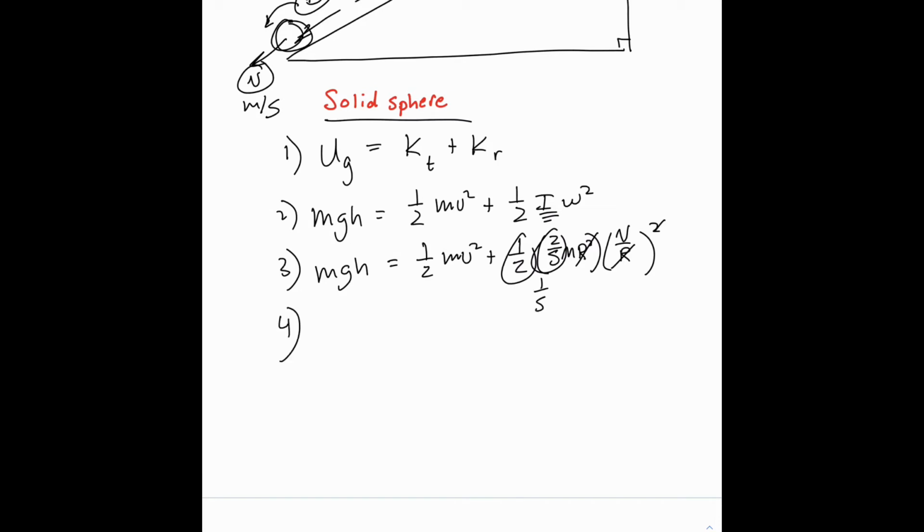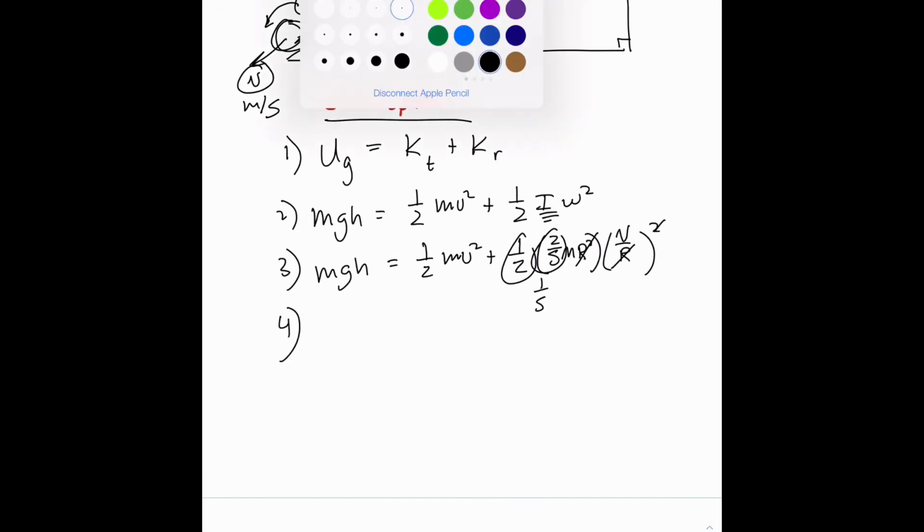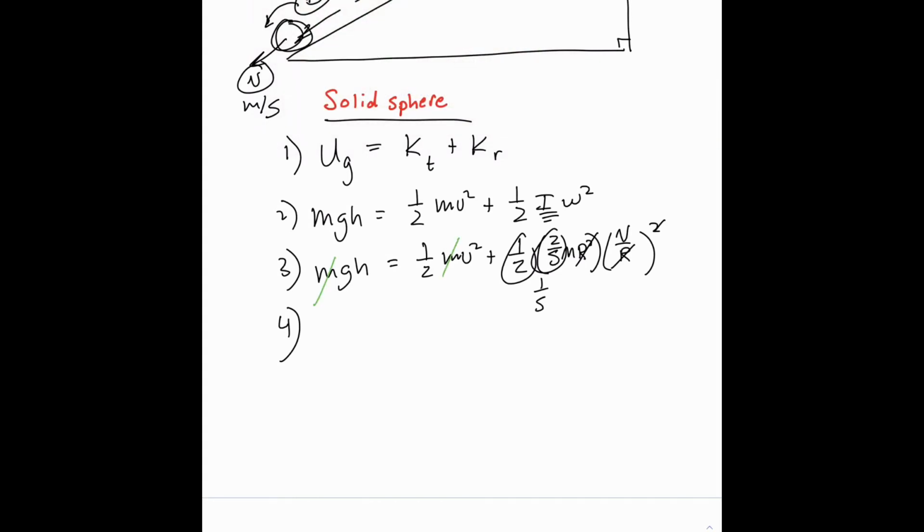Now that we can cancel the m that appears in every term, we have an expression that says gh is equal to 1/2 plus 1/5, and we're just factoring out the v squared. 1/2 plus 1/5 is the same as 5/10 plus 2/10, which gives us 7/10.